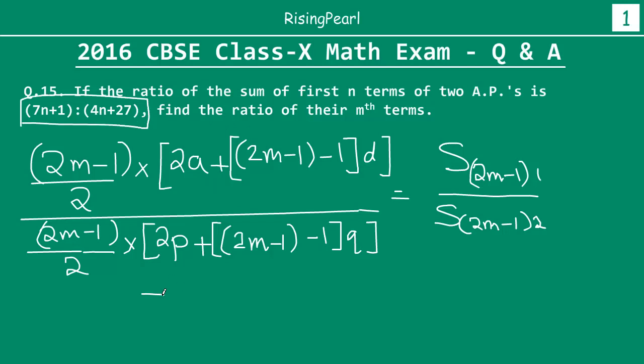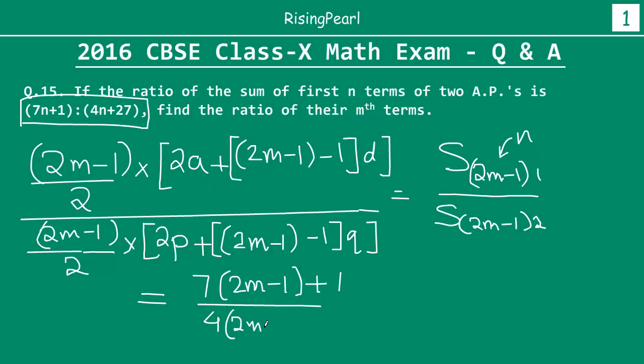So if that is true, then instead of n, we can replace n by 2m minus 1. So this ratio should be equal to 7 times 2m minus 1 plus 1, that is 7n plus 1, by 4n, instead of n it is 2m minus 1, plus 27, because we have plus 27.